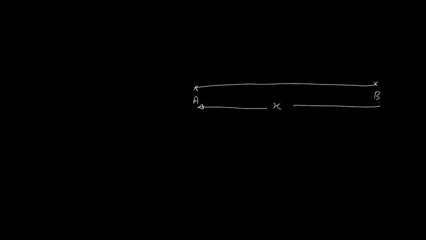So distance is x kilometer. Suppose here point A and here point B. Total distance is x. Now this total distance x I can divide as 1 kilometer and x minus 1 kilometer.